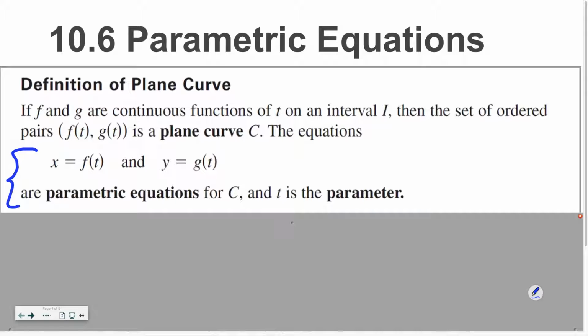So usually we have y and x together in the same equation. Well, now we have two equations, x equals and y equals, where they're in terms of a third variable. Typically we're going to see t.